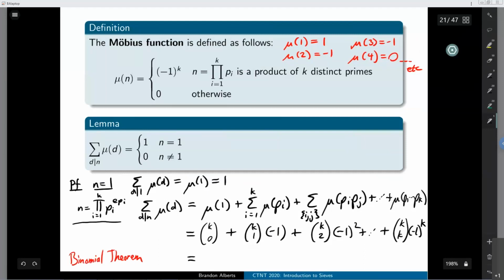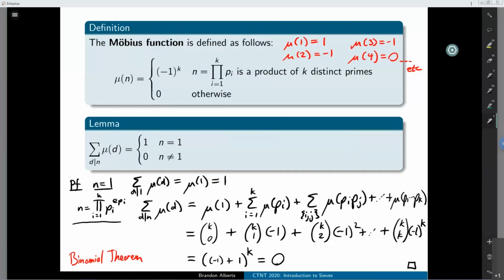So the binomial theorem tells us that this sum of binomial coefficients times powers of -1 is equal to (-1 plus 1) all raised to the power of k. But then you just have a -1 plus 1 inside some parentheses. That's equal to 0. All right.